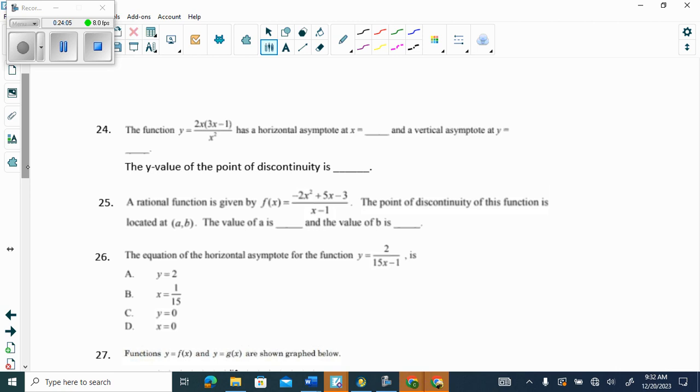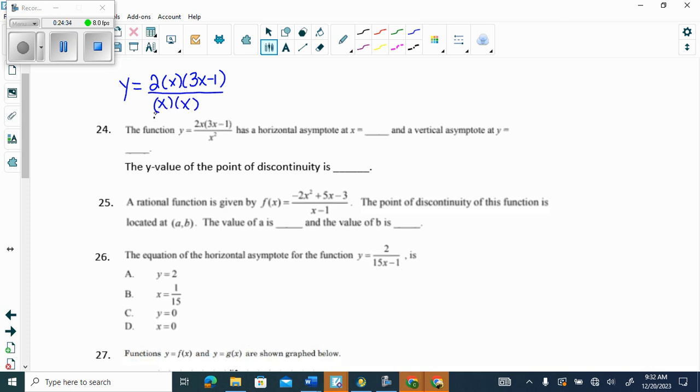So this one has 2x, 3x minus 1 over x squared. They want the horizontal asymptote and the vertical asymptote. What is x squared just the same as writing? X times x, right? So I could technically get y equals 2 times x times 3x minus 1 over x times x.